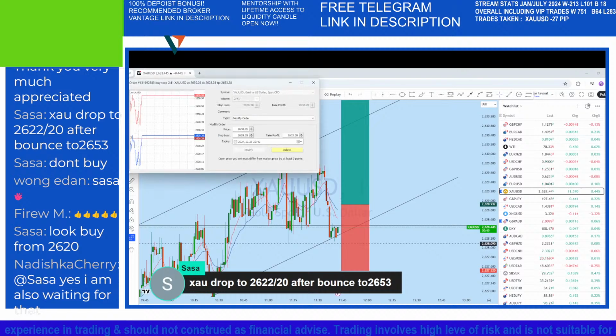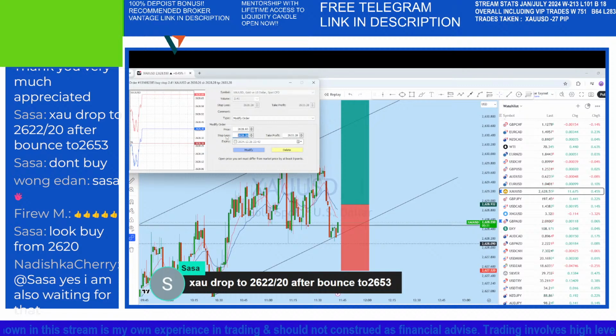So the new price for the buy stop will be 2628.93.